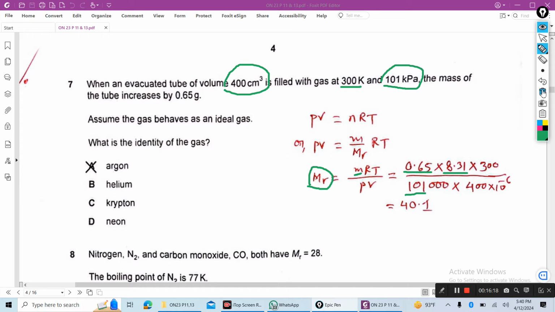So if you calculate, you get 40.1. This is the molecular mass of argon, Ar 39.9, nearly 40. So A is the correct answer.